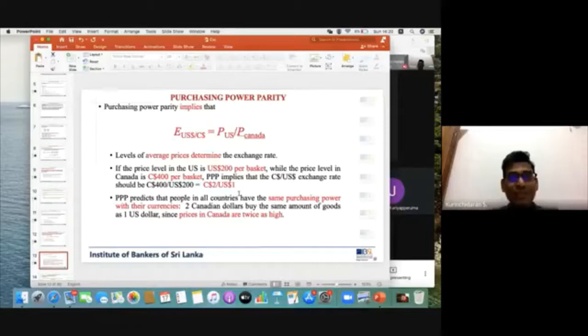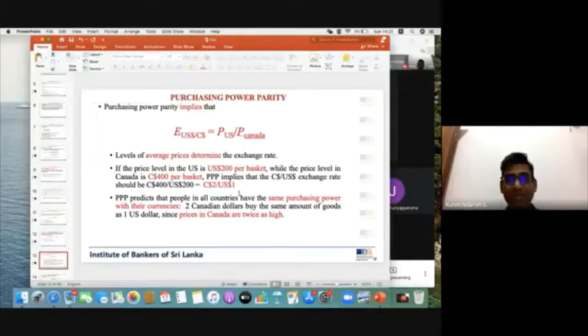right? So purchasing power parity says that if you take the two price levels and divide one by the other, you get the exchange rate. So purchasing power parity predicts that people in all countries have the same purchasing power with their currencies.